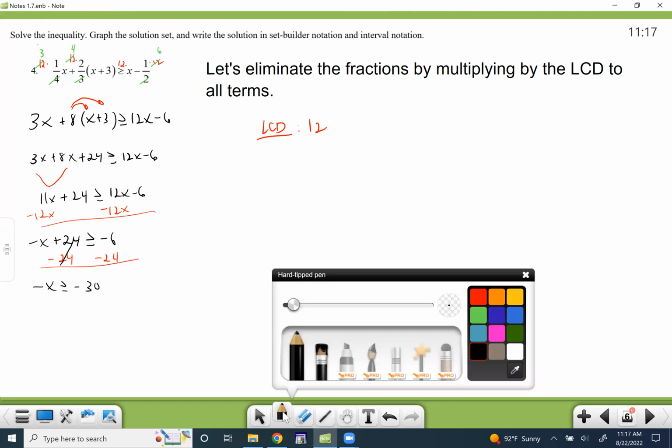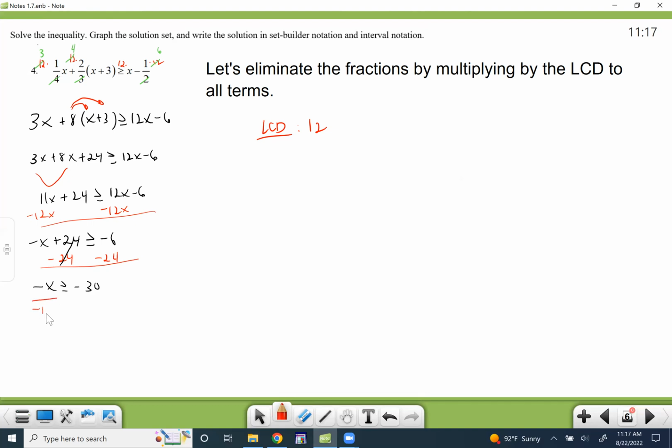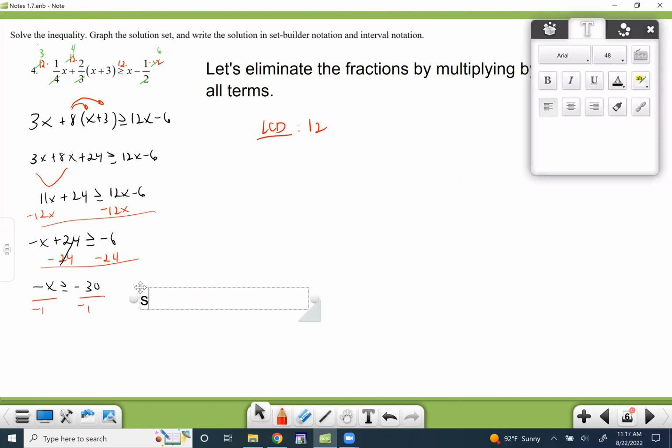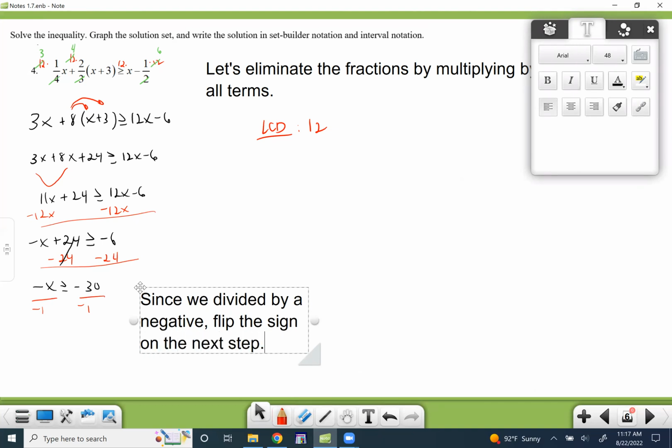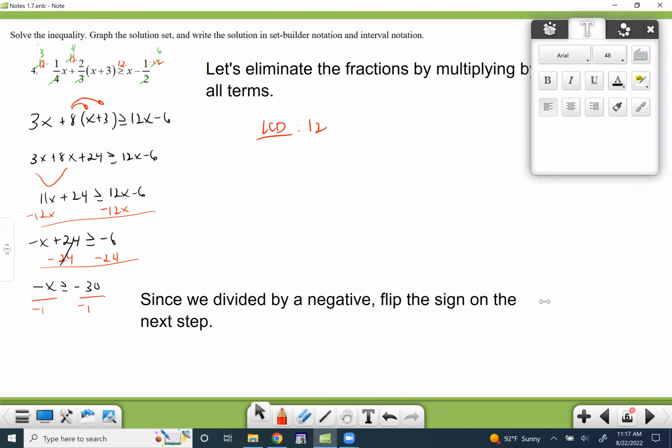And again, big moment because I am about to divide by a negative, right? Since we divided by a negative, flip the sign on the next step. Flip the sign. Okay. So it looks like it is going to be x is less than or equal to 30.